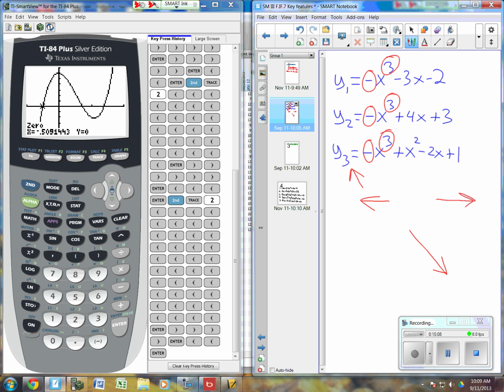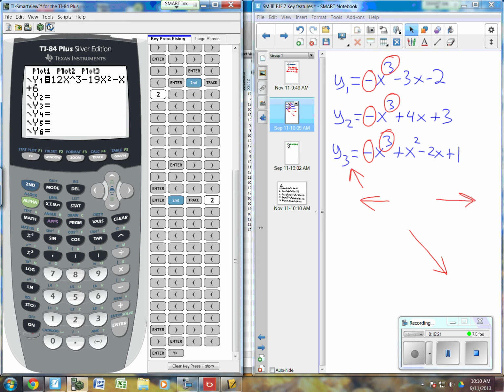And notice when this is negative compared to that first one we did a little bit ago, where there was a positive number, 12, instead of a negative number. It went up to the right and down to the left, but when it's negative, it went down to the right and up to the left.